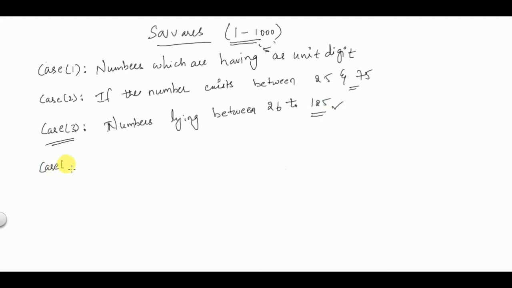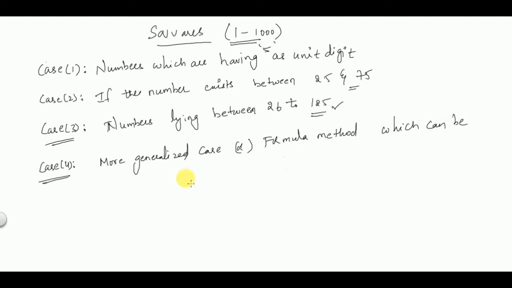And case 4 is the more generalized case, where we will apply the formula method, which can be applied to any number from 1 to 1000.